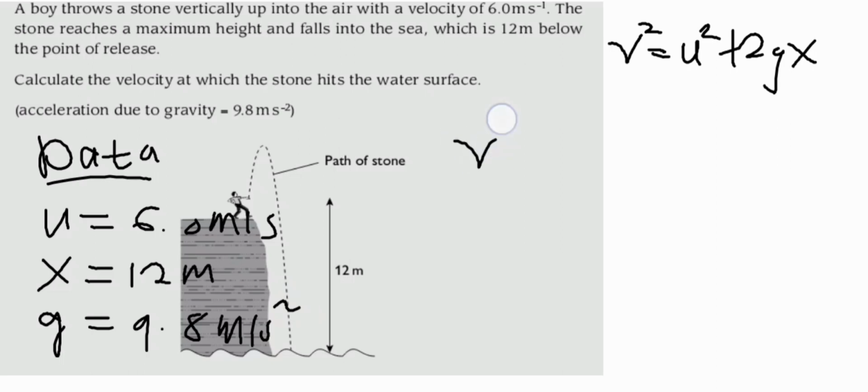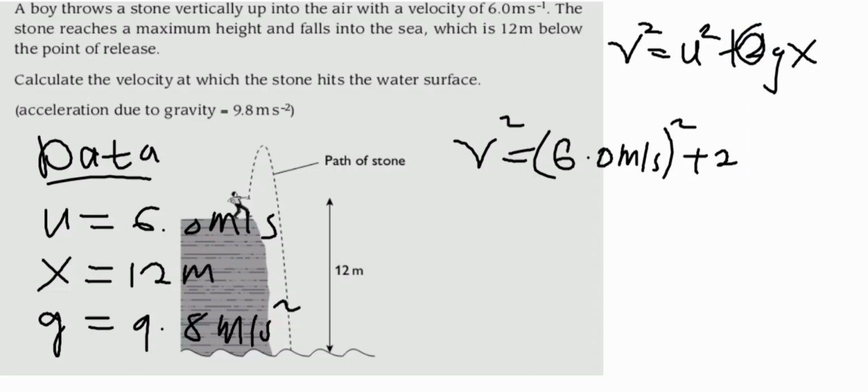We don't have the final velocity, but the initial we have, which is 6.0 meters per second, squared. Then plus 2 multiplied by the acceleration due to gravity, 9.8, multiplied by the height, which is 12 meters.